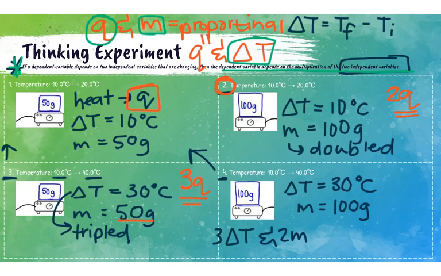So we take 3 times 2, and that would mean that I need 6 times the amount of heat that I used in my setup 1 to achieve this change in temperature with this amount of mass in my setup for number 4.